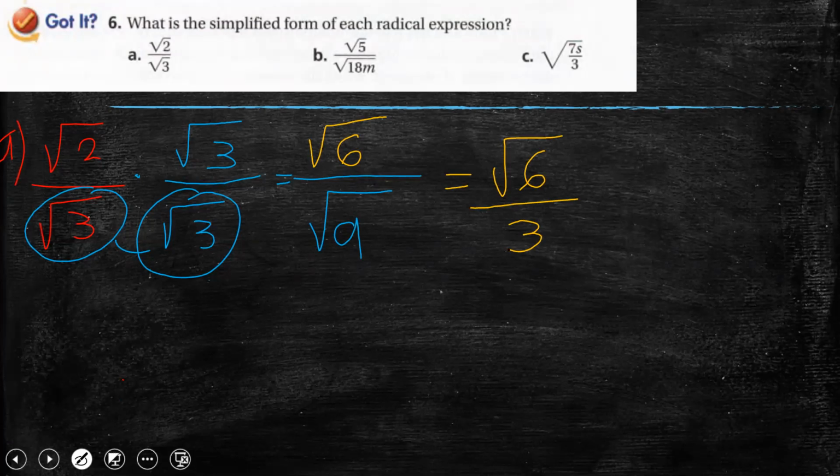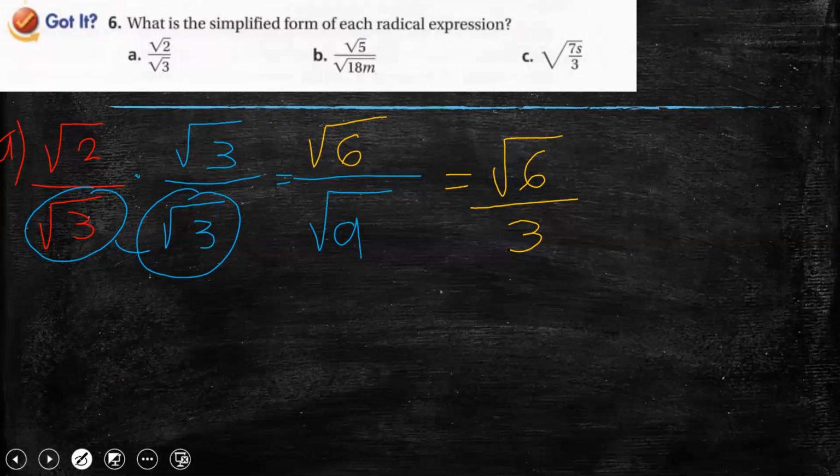Now, look at square root of 6. Can I stop here? No. Okay, what about the 9? Square root of 9 is 3.